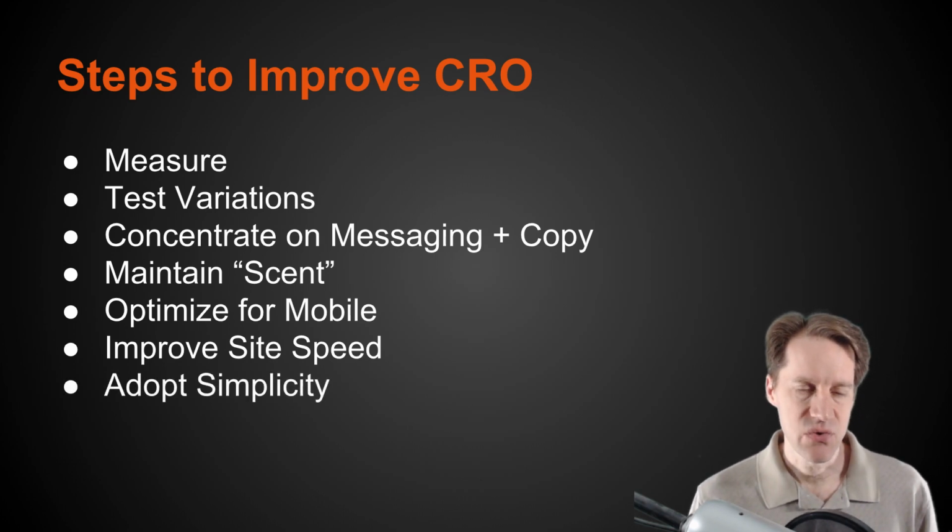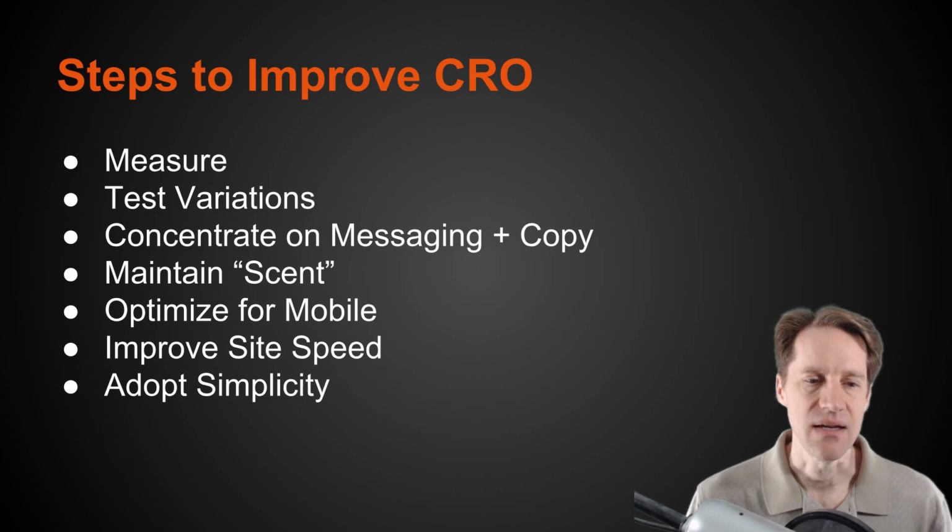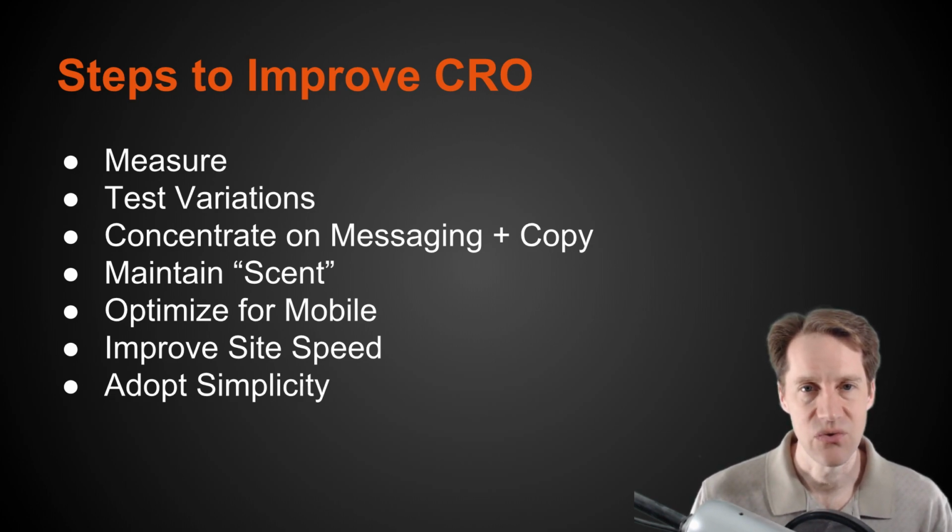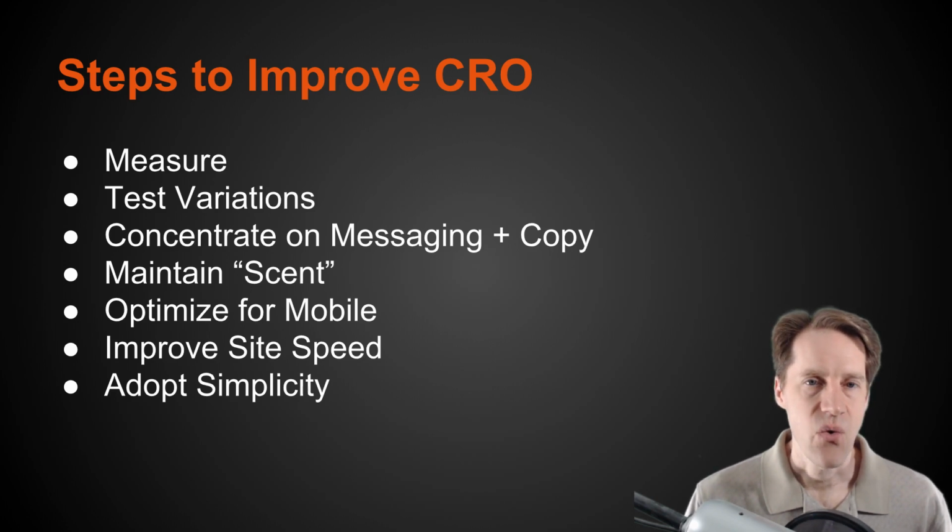The next step to think about is adopt simplicity. Now, what I mean by this is that simplicity in terms of the number of steps that you're asking your constituent to go through, or the number of fields they have to fill out on a form, so how many pages they have to go to finish a process, or if even just visiting a general site to actually get to a registration form or a giving form, how far do they have to go through in that process to get to it.